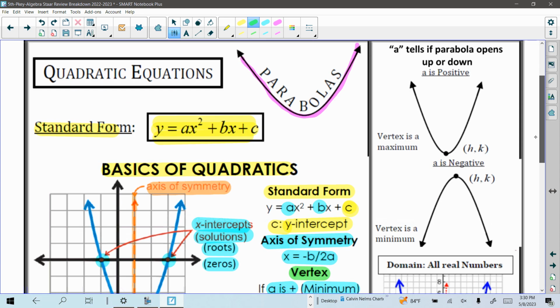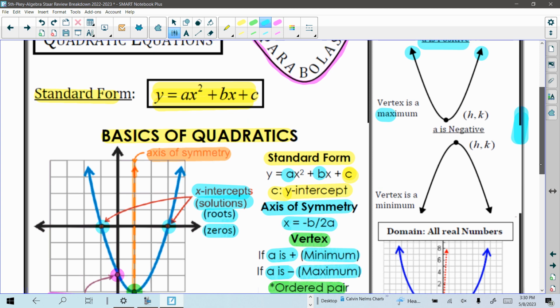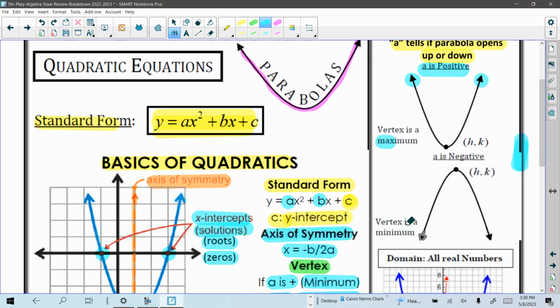So just some characteristics. Understand that your a tells you if the parabola opens up or down. Anytime I see it open up, or the arrow pointing up, I know my a is positive, which means your vertex is a minimum here.